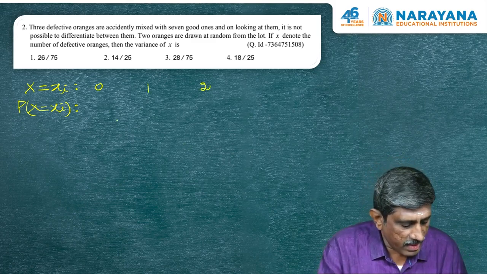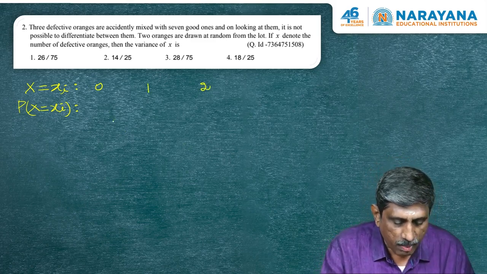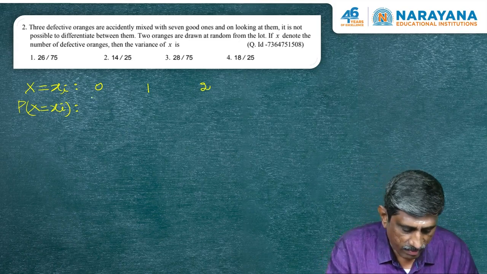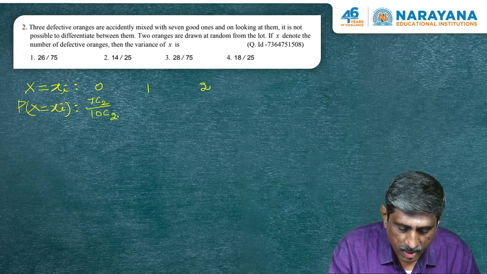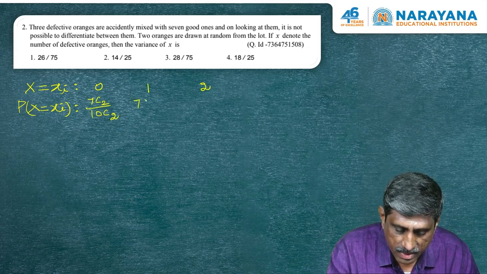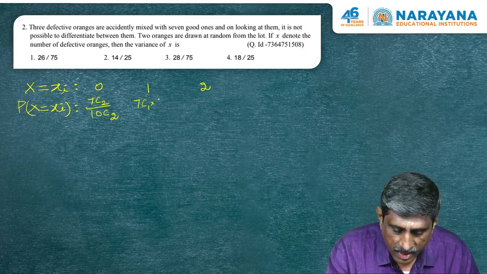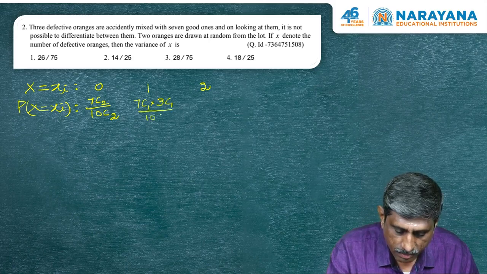So, the probability of getting 0 defective oranges is 7C2 divided by 10C2. The probability of getting 1 defective is 7C1 into 3C1 divided by 10C2.